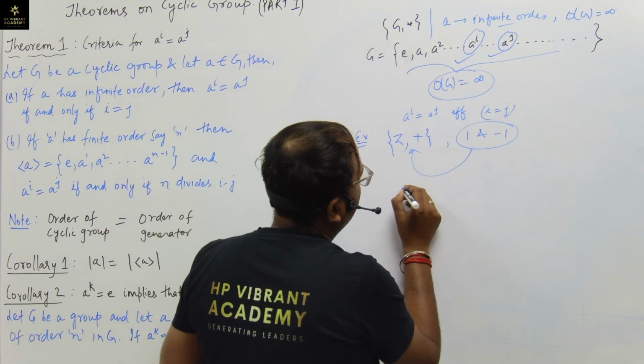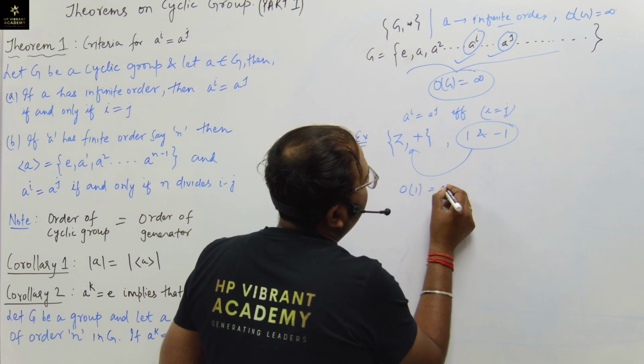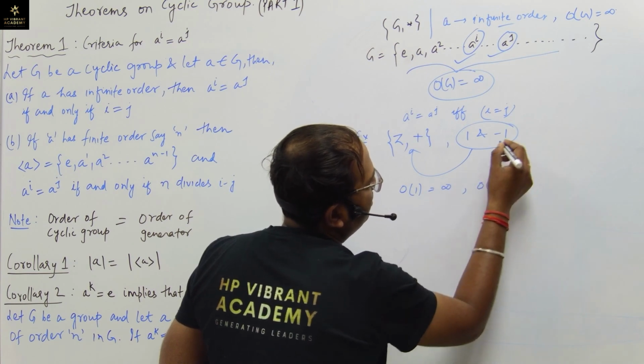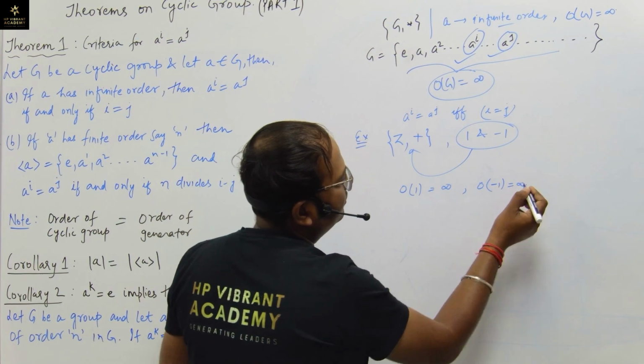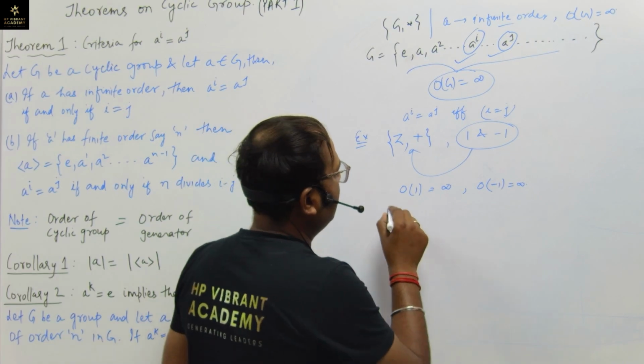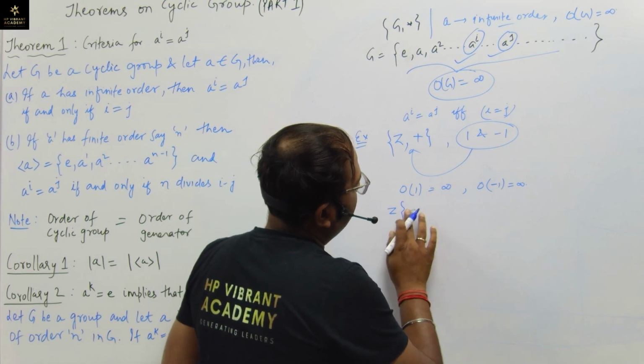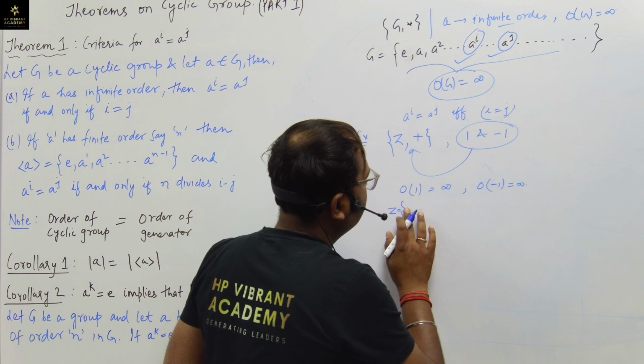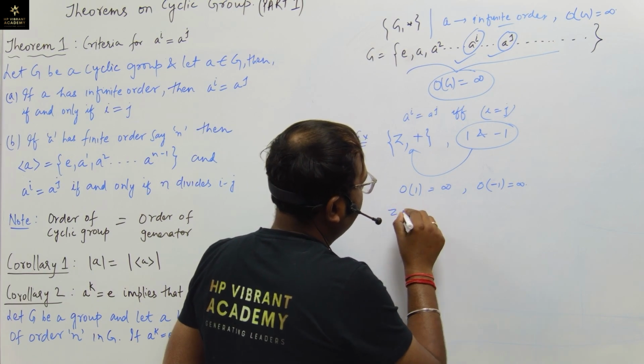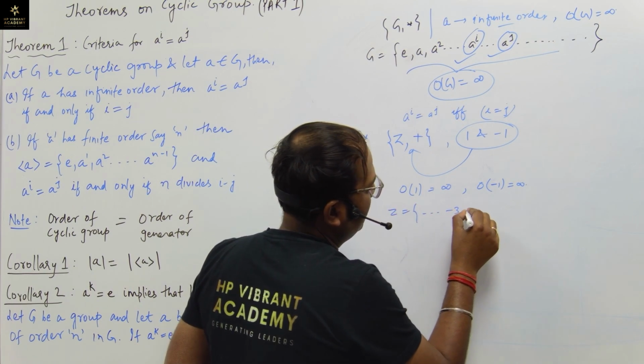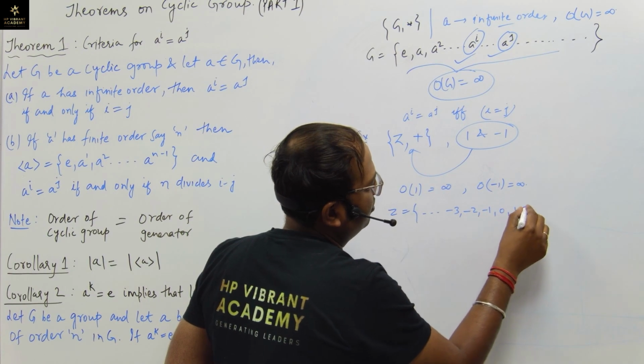So the order of this generator 1 is infinite, and the order of the generator minus 1 is also infinite, because the elements here are Z equal to minus 3, minus 2, minus 1, 0, 1, 2, 3.